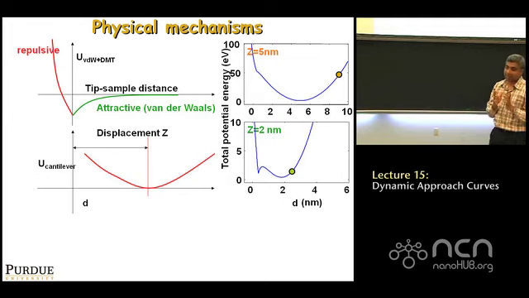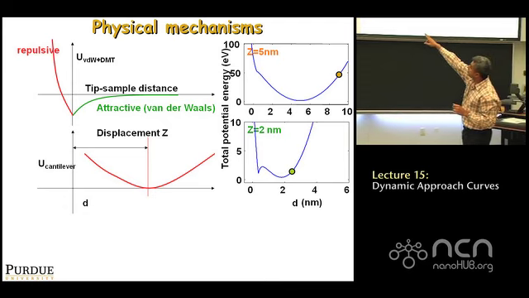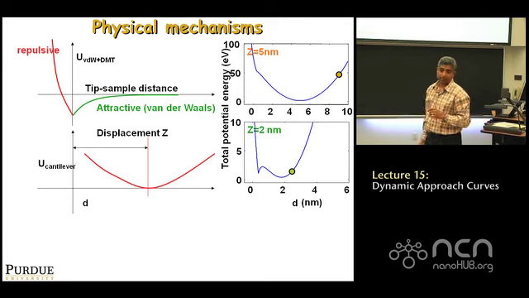So under most circumstances, when you add the two together, the potential energy looks a bit like what is shown on the top right, okay? On the top right, you see that the cantilever is located at a distance of about 5 nanometers, which is where there's a minimum, right, of this potential energy. And locally, potential energy goes quadratically.